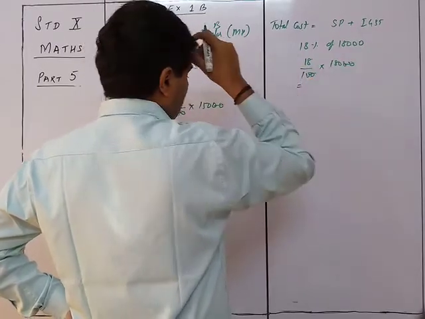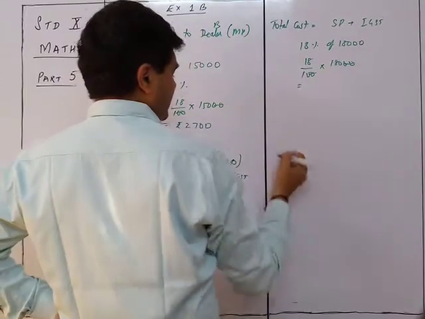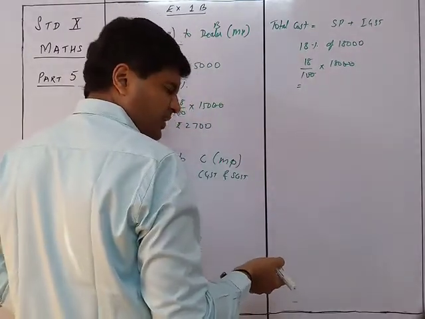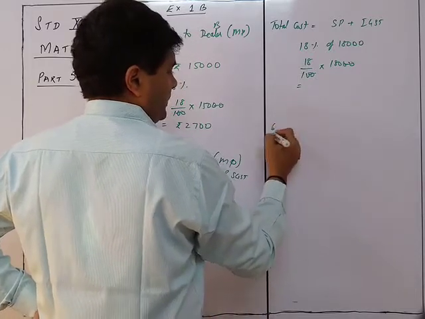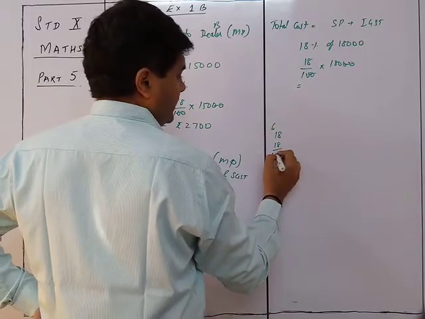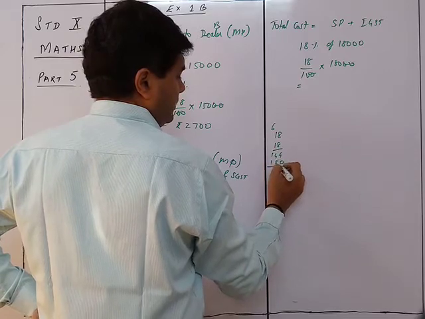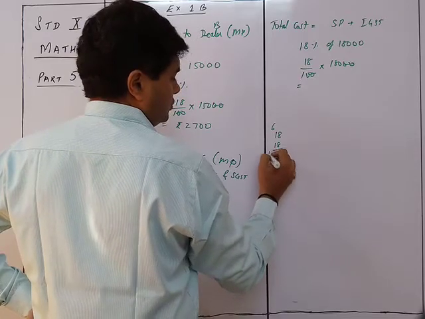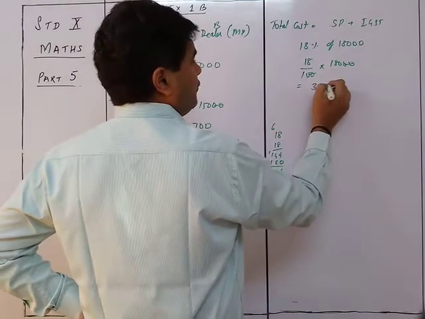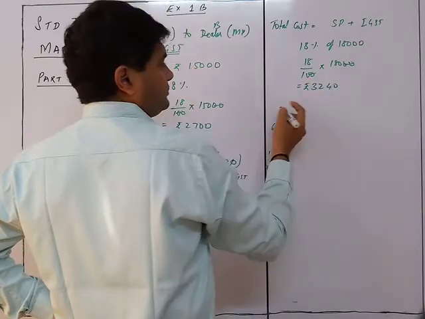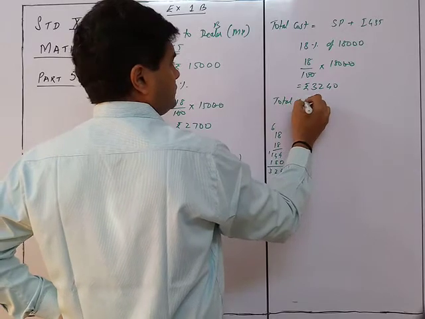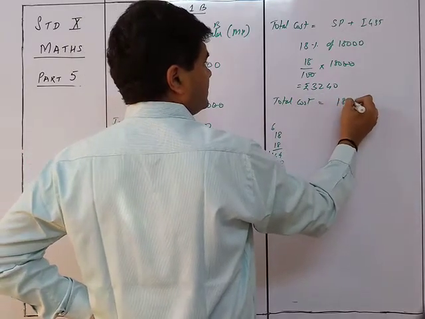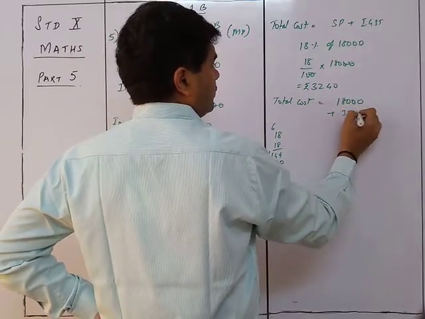So 18 ka square, 18 and 324, I think 324. 18 to 88 is 64, 8, 14, 0, 8, 1, 4, 2, 3, 324, yeah. So 3240 is the tax amount. Therefore, total cost is equal to 18,000 plus 3240.